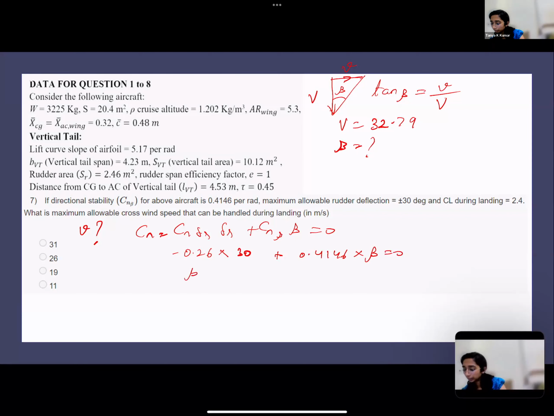So how much is beta? Let's find out beta and let me know.